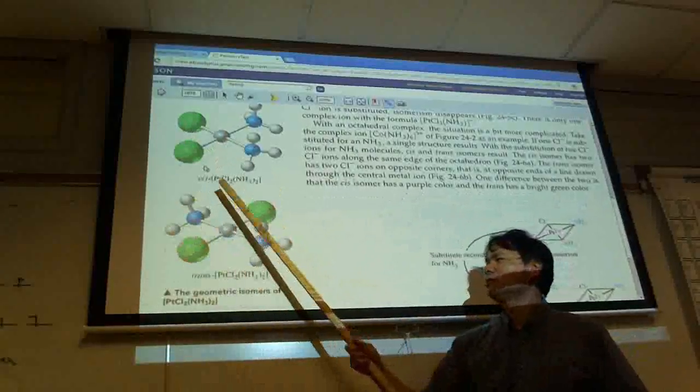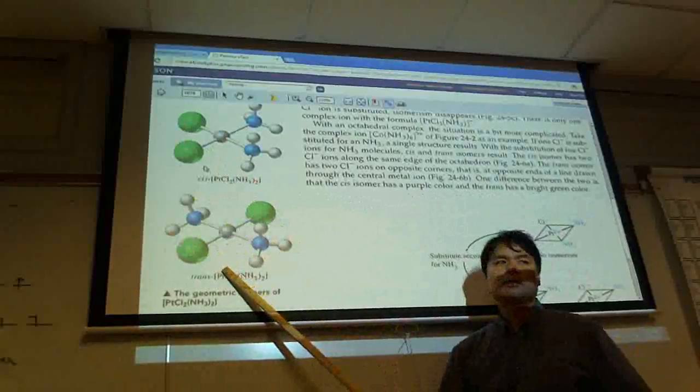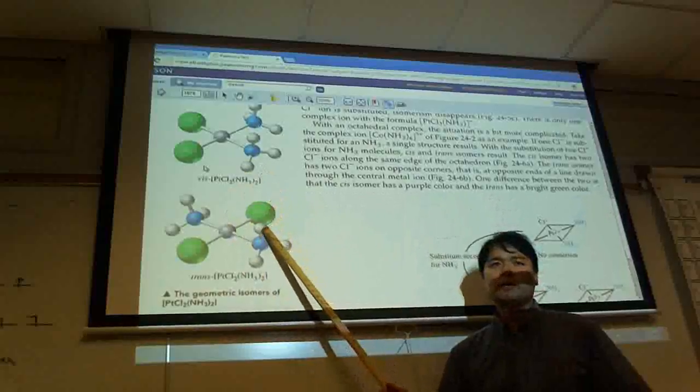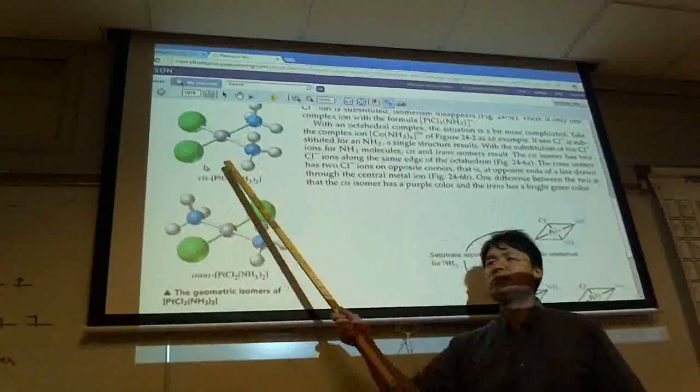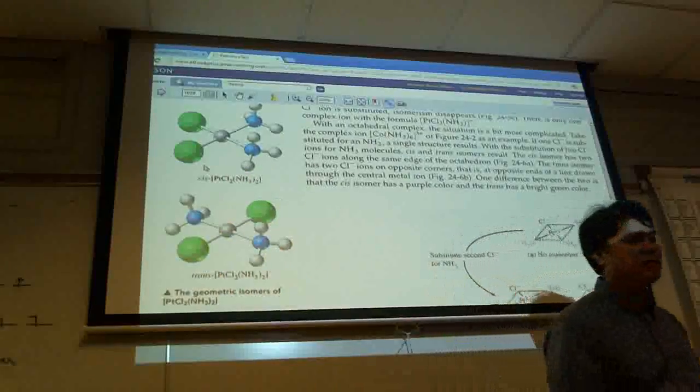And so cis-trans just means adjacent, opposite. All the bonds are the same. It's a stereoisomer, and specifically this is a geometric isomer, cis-trans geometric isomer. That's it when you have two of a kind.